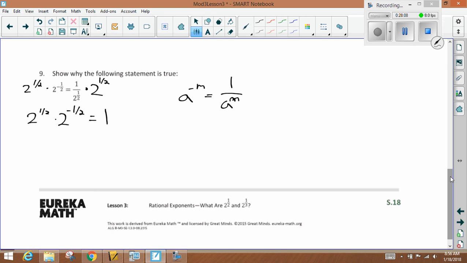Hey, what do we do with these exponents? We add them. So that becomes 2 to the 0. Hey, look at that. We used algebra to show that that was true. That was so special. Okay.